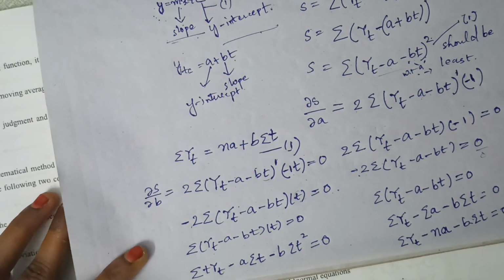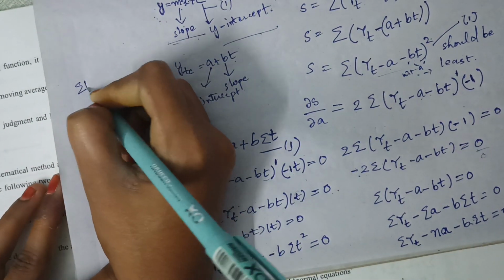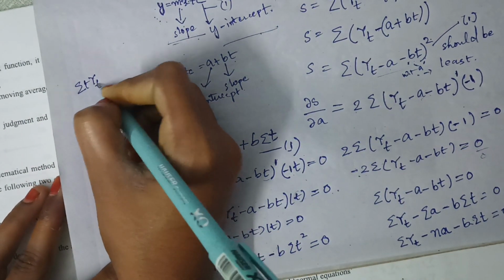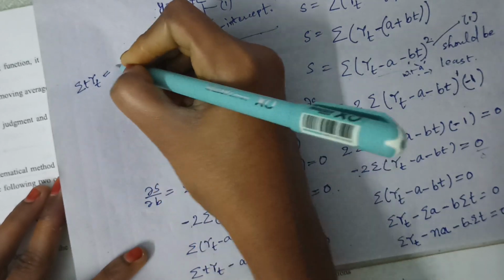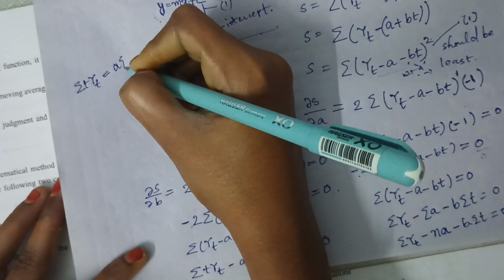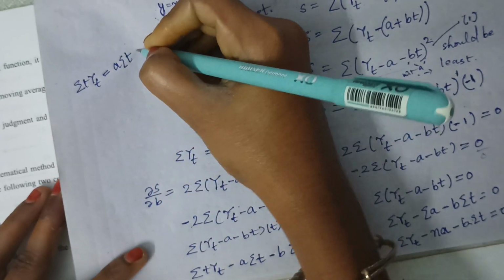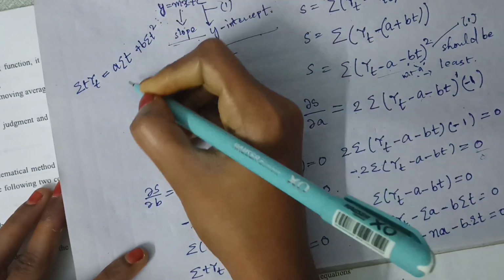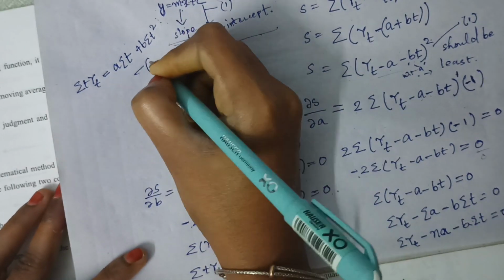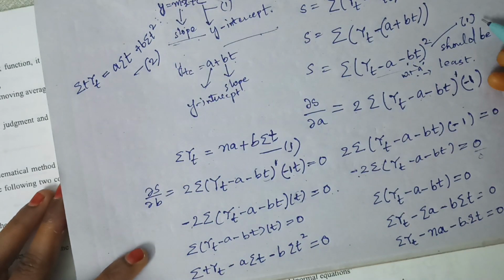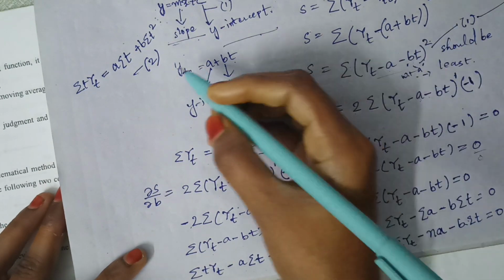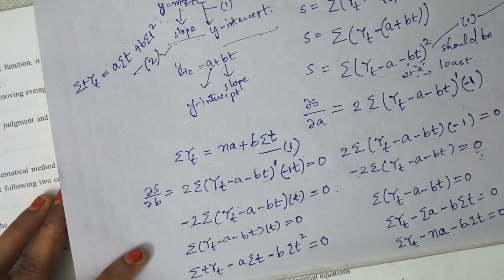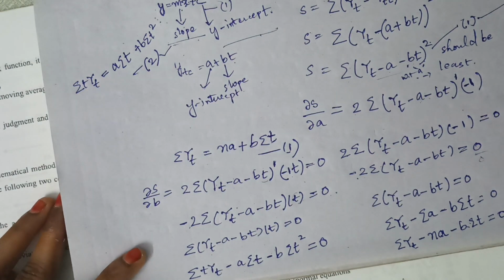So we get the equation summation t into yt is equal to a into summation t plus b into summation t square. This is equation 2. This equation 1 and this equation 2 are called the normal equations.